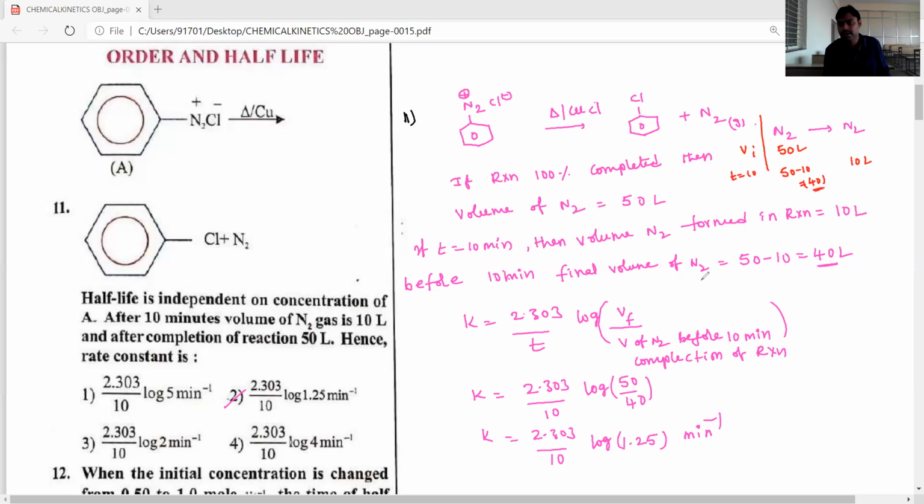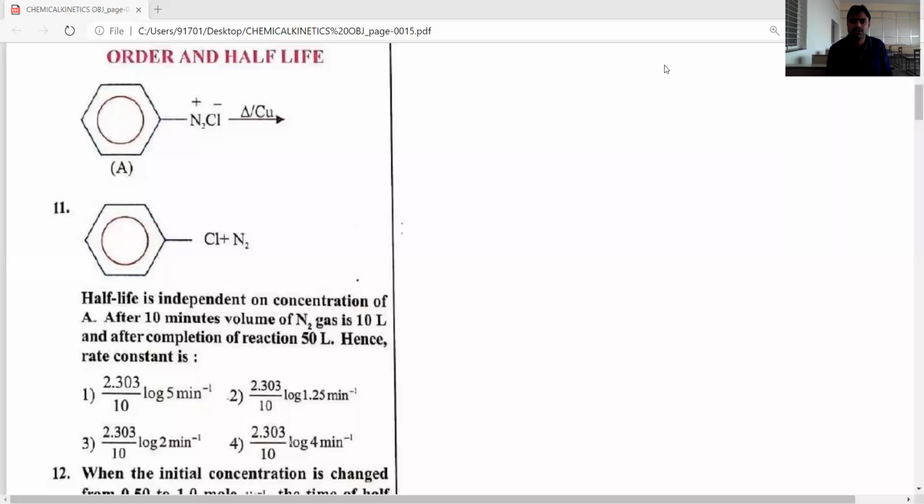That's why here I did 50 by 40, and the value is 1.25. The answer is the second option. Second option is correct. Okay, let's go for the next question.